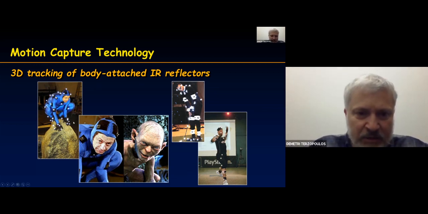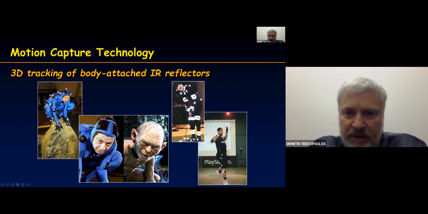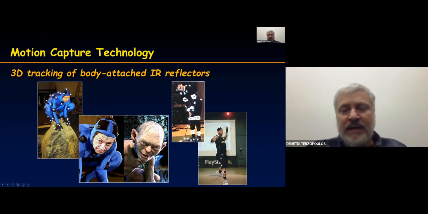So this is Andy Serkis, the actor who animated the body and the face of Golem in the Lord of the Rings movie trilogy. So it's essentially motion capture. And in games, you've got Tiger Woods doing golf swings and other athletes pitching in baseball.